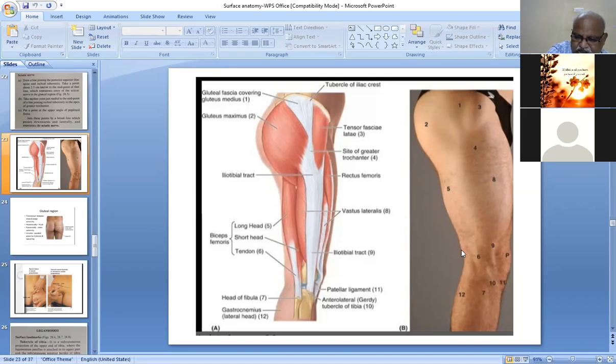See this diagram, how numbers were given. This is the purpose of surface anatomy. Once you know the gross anatomy very well, you mark the underlying structures on the surface of the living body. That is surface anatomy.